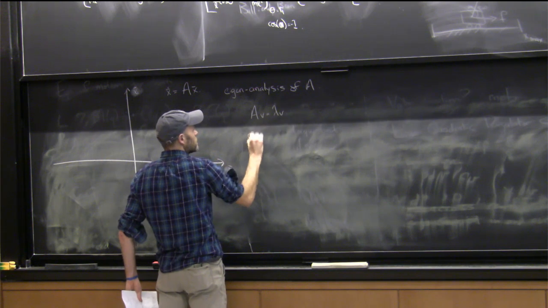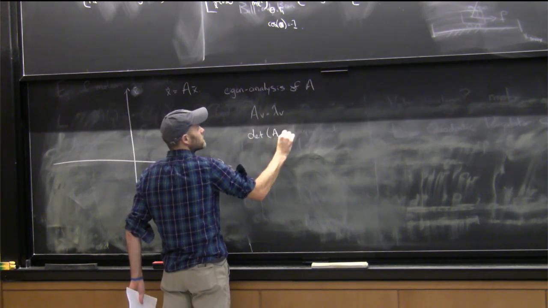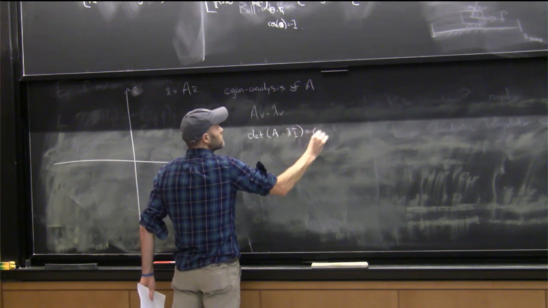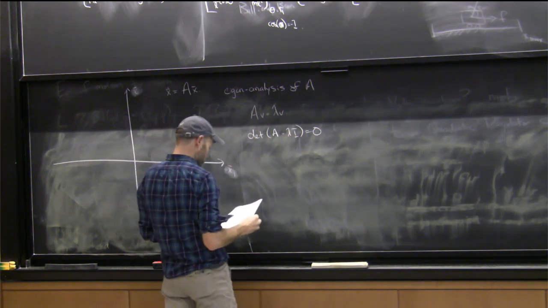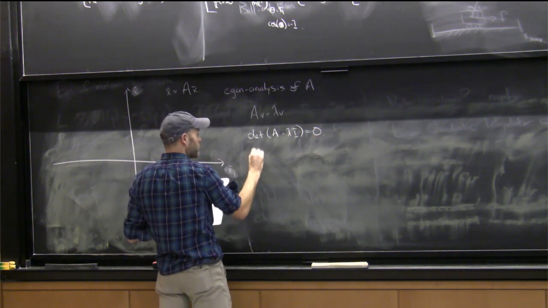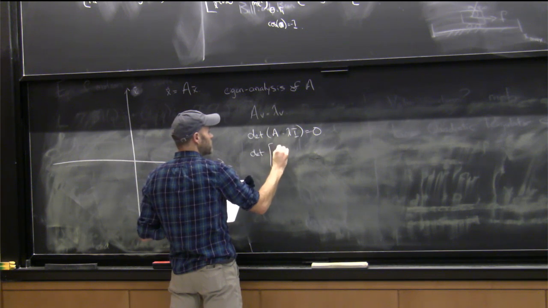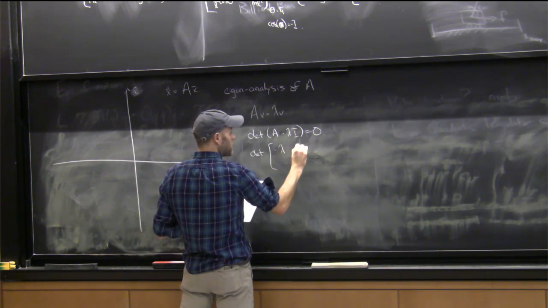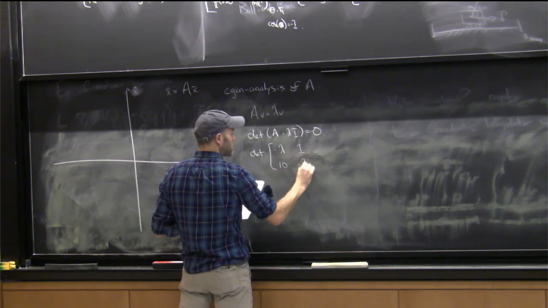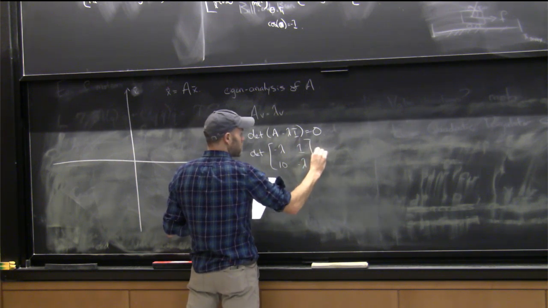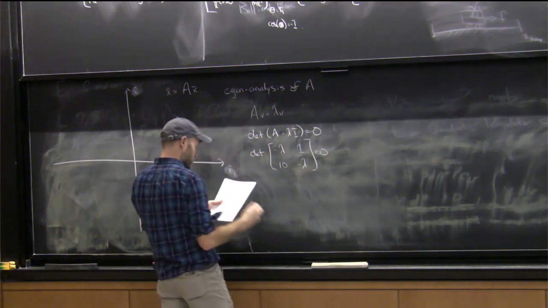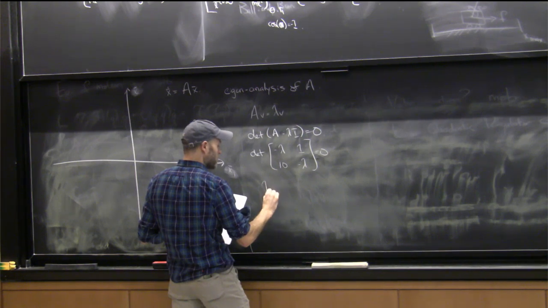I want the determinant of this equal to 0. If I pound that out, then I get the determinant of negative lambda, equals 0, which gives me two eigenvalues.